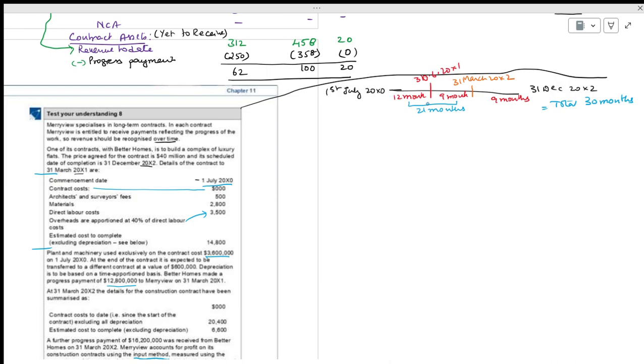See, again there is a catch here. 31st March 2001, 9 months. Okay.